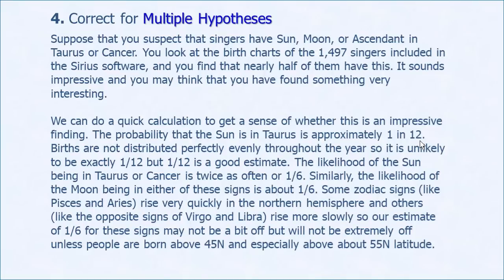And maybe your thought is the sun, moon, or ascendant, the really 3 big things. Good chance they would be in Taurus, and maybe you think also Cancer. So you're thinking, wow, I bet singers have sun, moon, or ascendant in Taurus or Cancer. So you look at the chart of a famous singer, maybe somebody that you like, and you go, wow, moon is in Taurus. Cool.